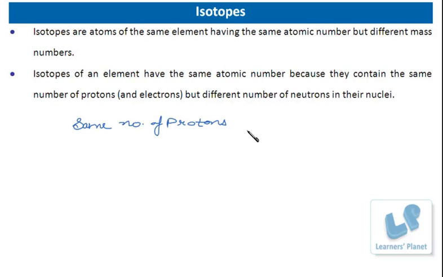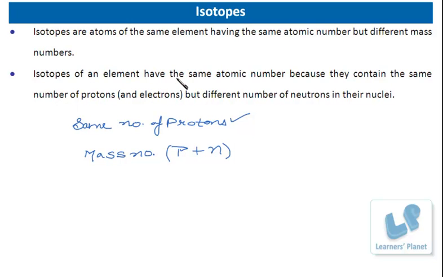What is the atomic number? It is the number of protons in an atom. And what is the mass number? Mass number is the sum of number of protons and neutrons in an atom. So the isotopes have the same number of protons but different number of neutrons. That is why their mass number is different.